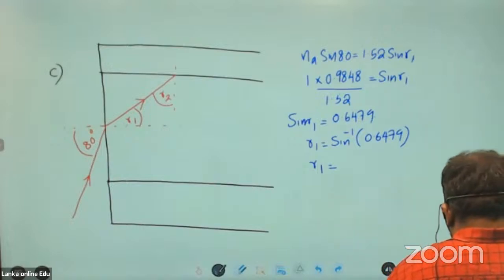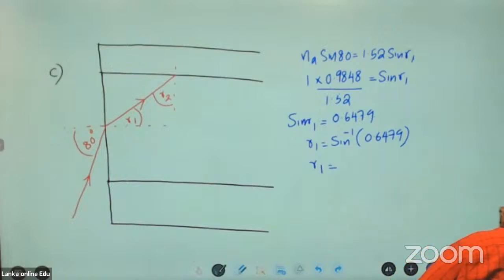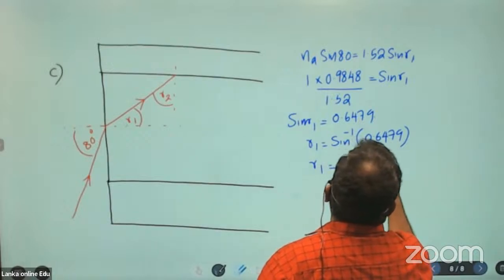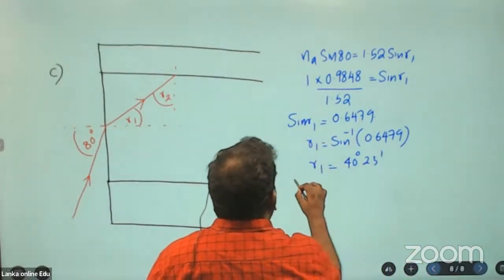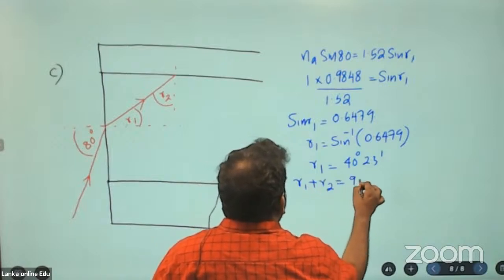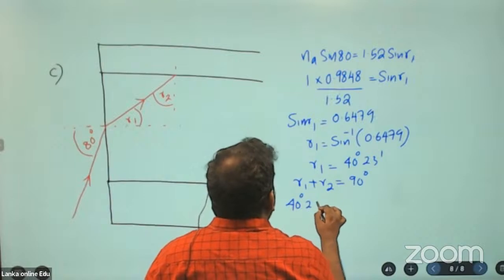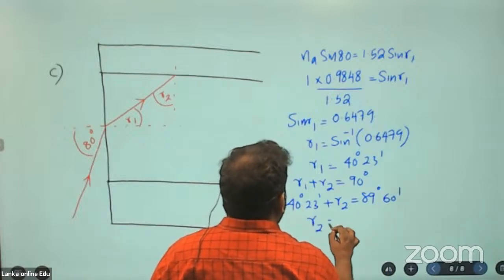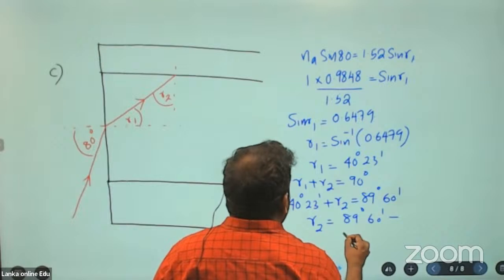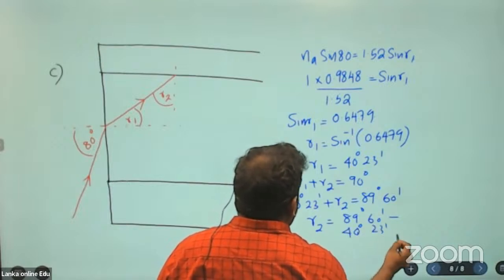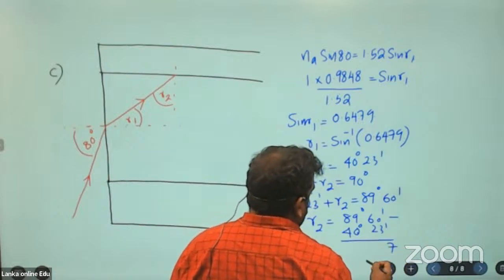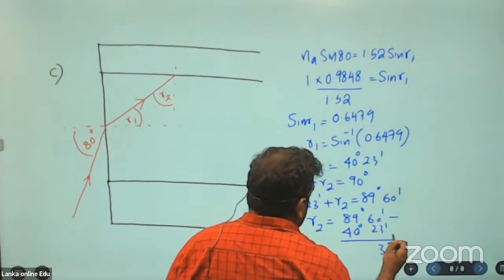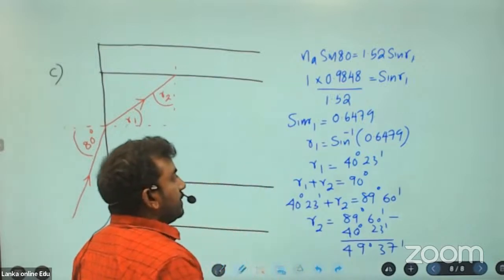R1 is 40 degrees 23 minutes. R1 plus R2 is equal to 90, so R2 is 89 degrees 60 minutes minus 40 degrees 23 minutes, which is 49 degrees 37 minutes.